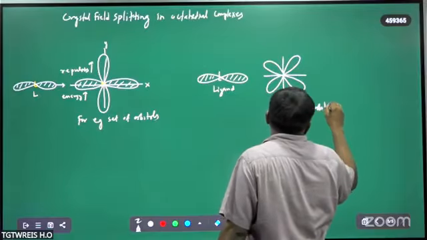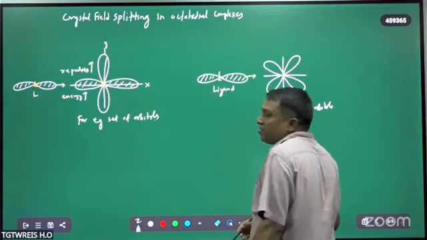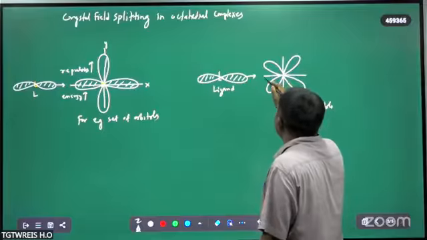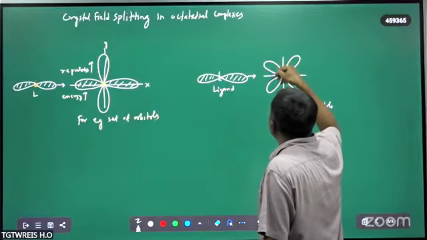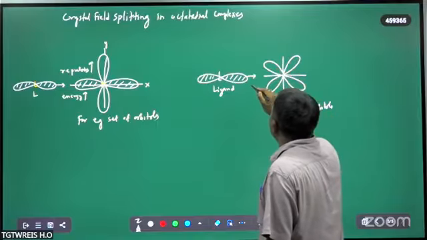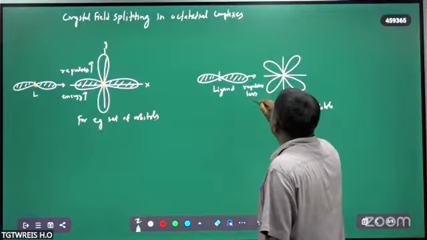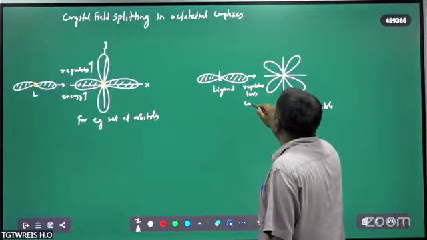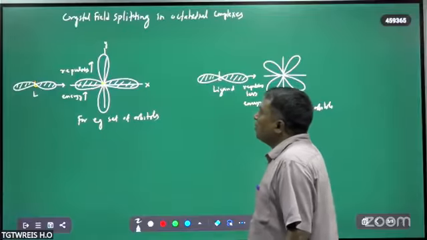When ligands approach the T2g set of orbitals along this axis, in between these lobes there are no orbitals present in the T2g set. Therefore, in this case, repulsion is less. Therefore, energy decreases in this case.